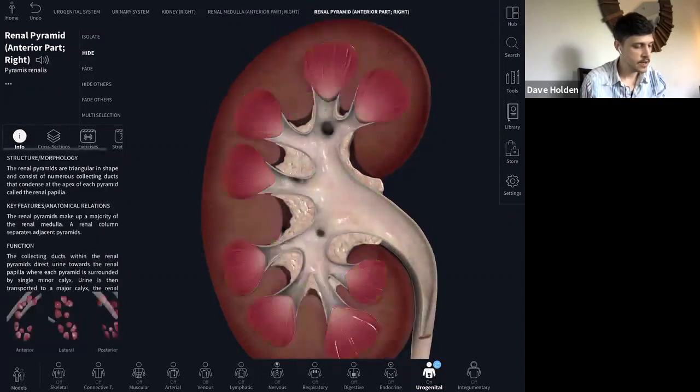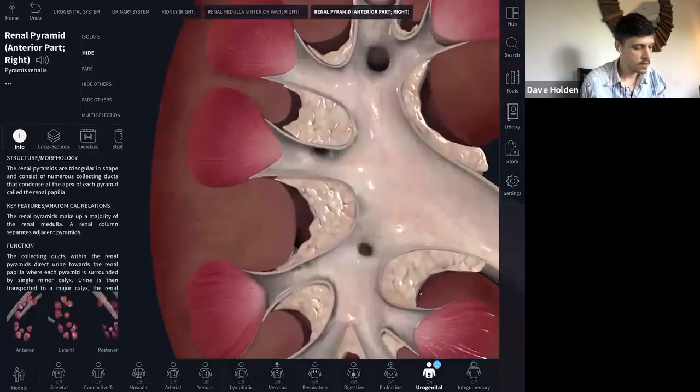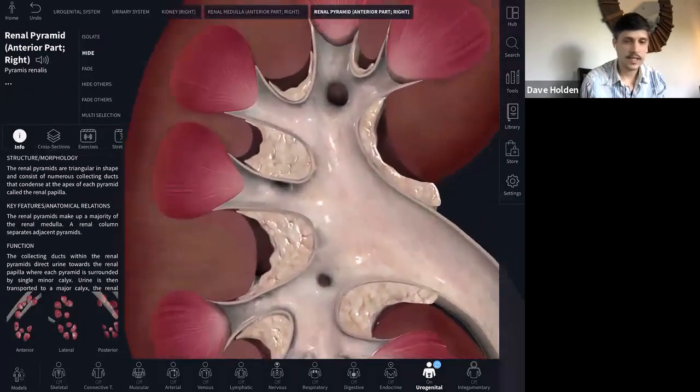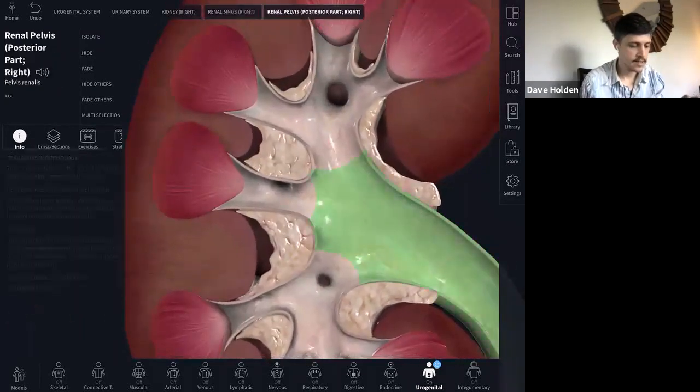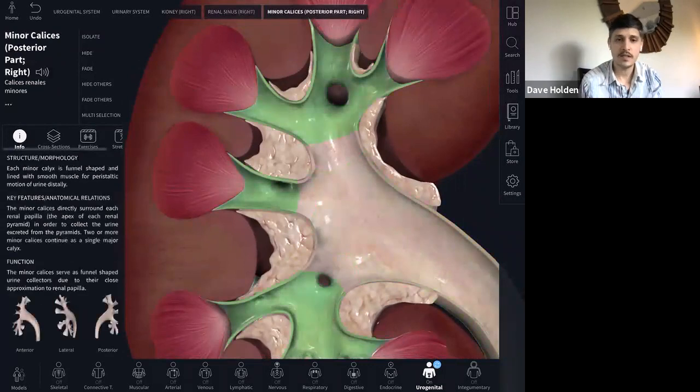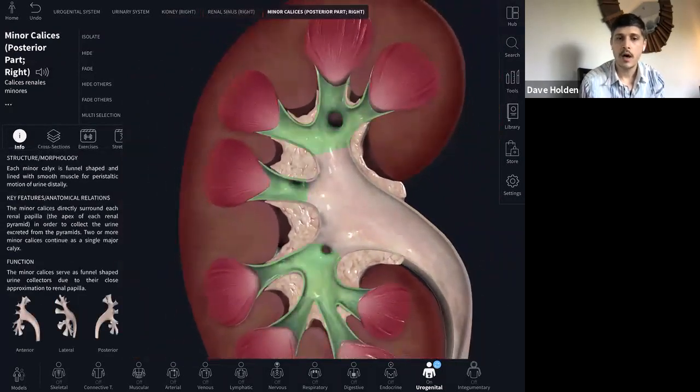So inside these pyramids, the fluid is filtered down into this area, and it is these tubes here where we are most likely to form the first pathology we are going to talk about tonight, which is kidney stones.